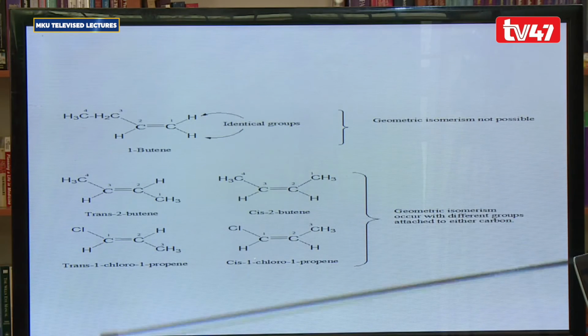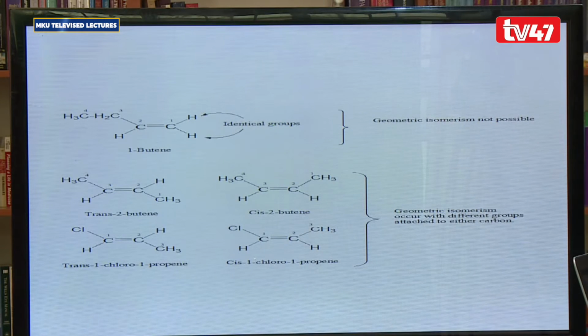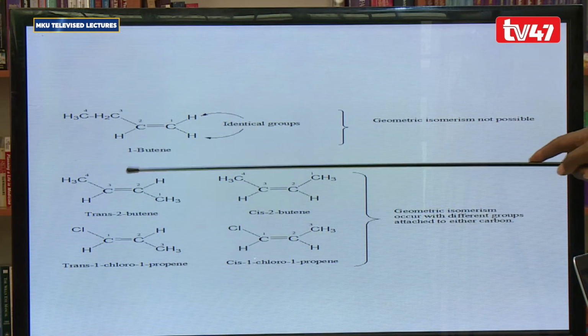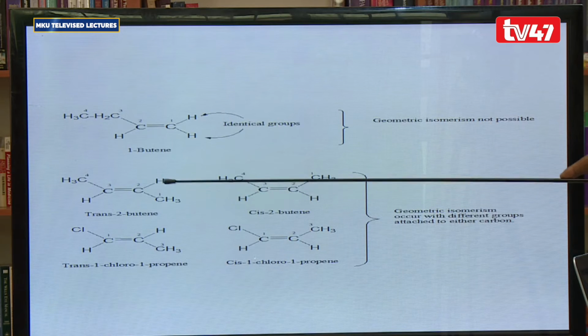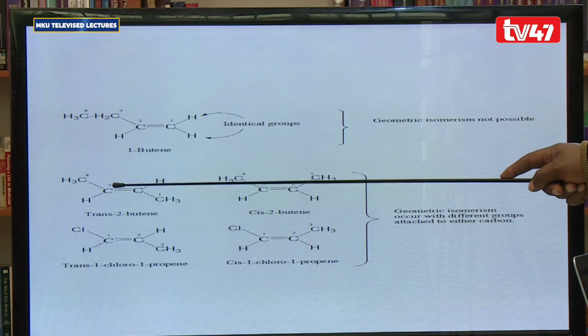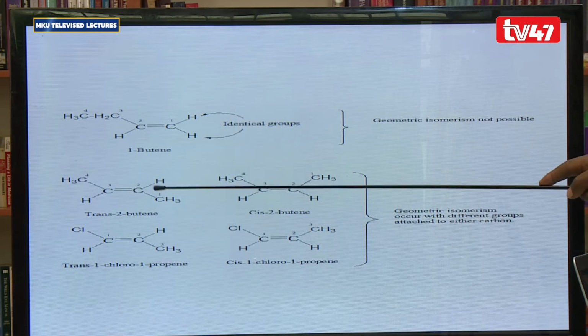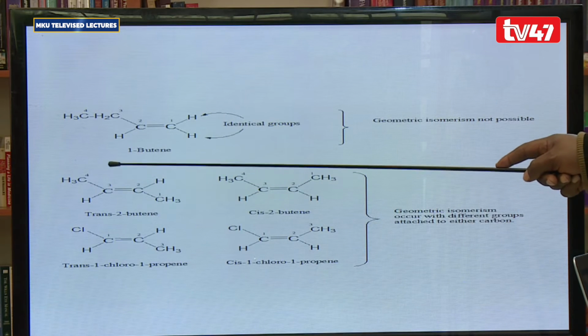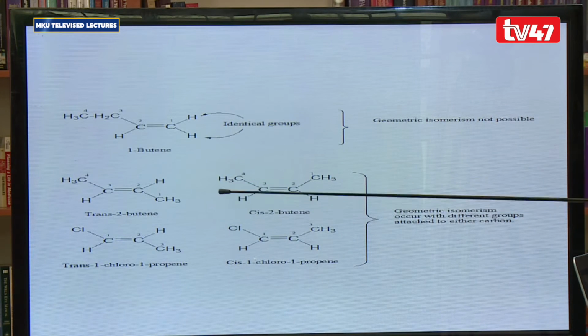For example, let's consider but-2-ene. Now, at the position of the double bond, you have a hydrogen and a methyl group on either carbon.